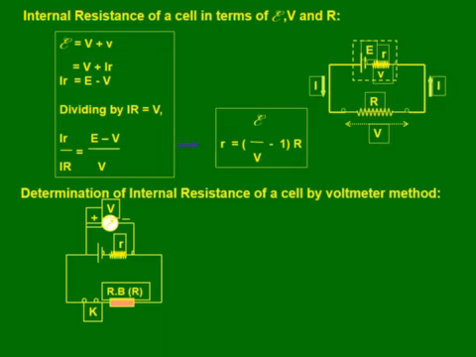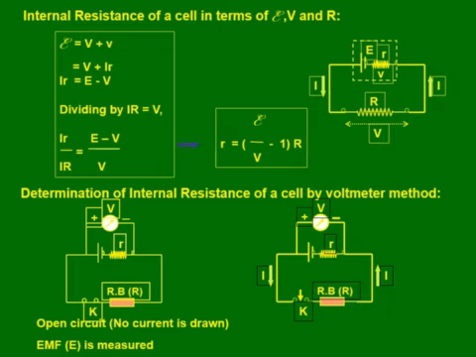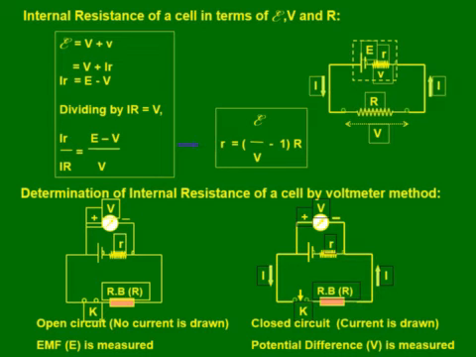So I'm showing you the diagram. V is the voltmeter. Here when the battery is connected, you will be getting the terminal PD, and when the battery is open, when no current is drawn, as in the first diagram I am showing you, then the EMF or nearly equal EMF will be shown.